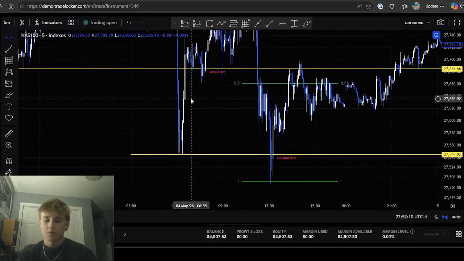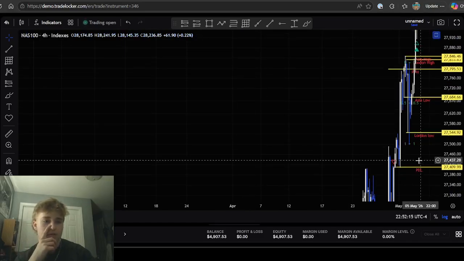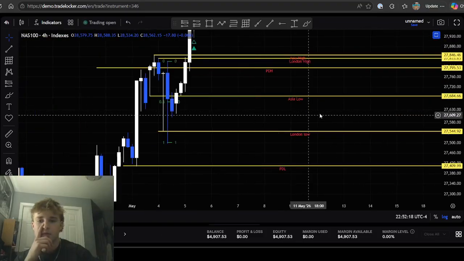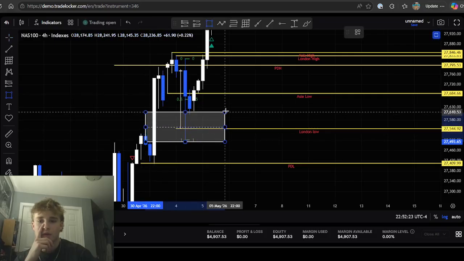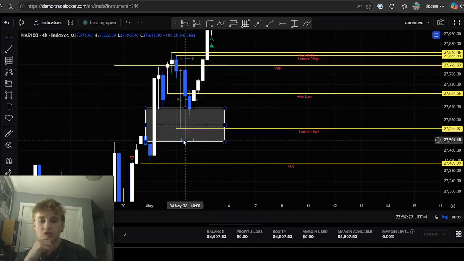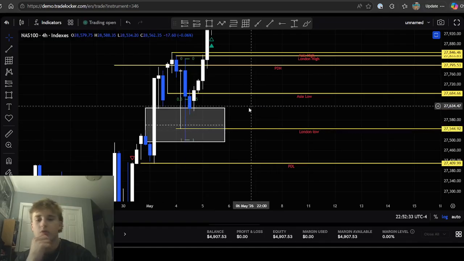But there's also something we didn't take into consideration, which would have been taken into consideration. That entire time, we are sitting in a 4-hour fair value gap. We can't expect price to just drop below it because we need to wait for confirmation of a close below the fair value gap before we continue lower.